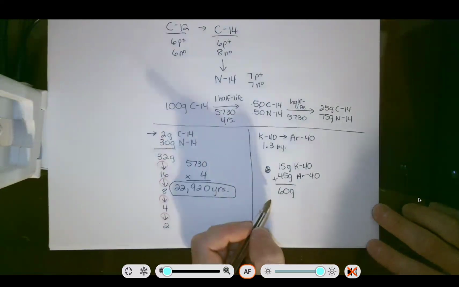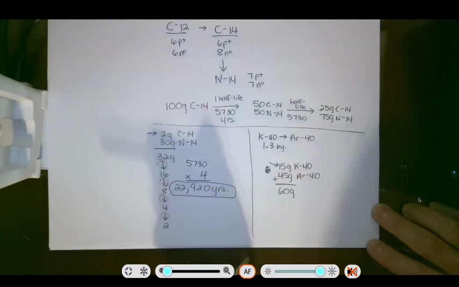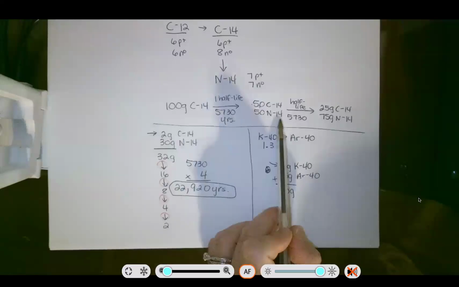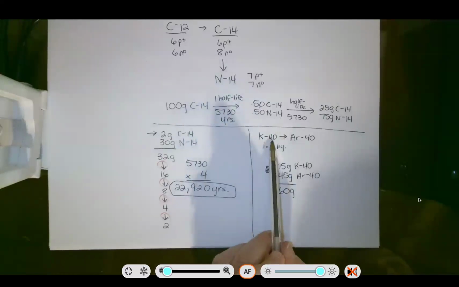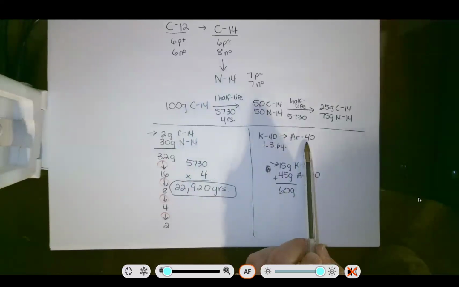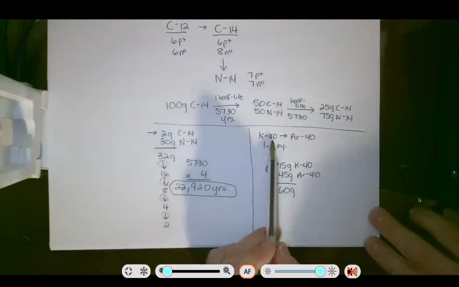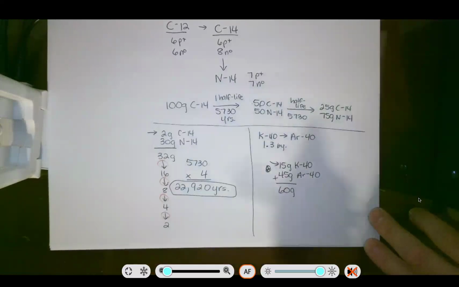And then you divide that in half until you get to what's left of the parent isotope. The problem will always tell you this decays into this. It may not say parent isotope, but the one that's doing the decaying, carbon 14 decays into nitrogen 14, potassium 40 decays into argon 40, the ones that are doing the decaying, carbon 14 and potassium 40, are the parent isotope.